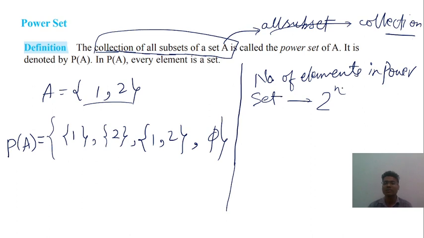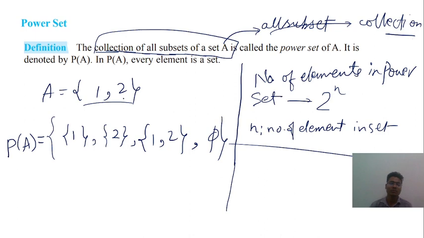N is the number of elements in the set. In this case we have two elements in set A, so the number of elements in the power set of A is 2 raised to 2, which is 4. So that's why we get 4 elements in the power set of A. Got my point?